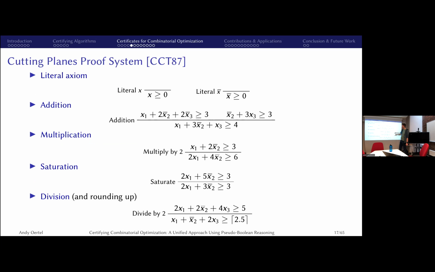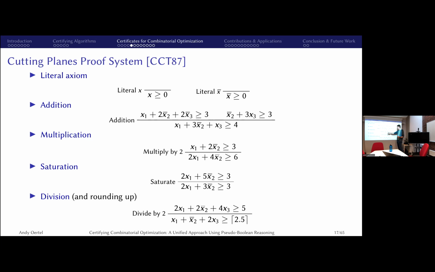Then addition: we can add two constraints together, where we cancel opposing literals by using that not x is 1 minus x. Then multiplication: we can multiply a constraint by an integer. Then saturation: this basically says that if a coefficient is larger than the right-hand side, then anything larger than the right-hand side doesn't help us with satisfying the constraint more.